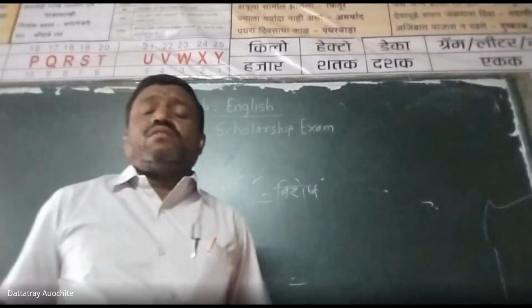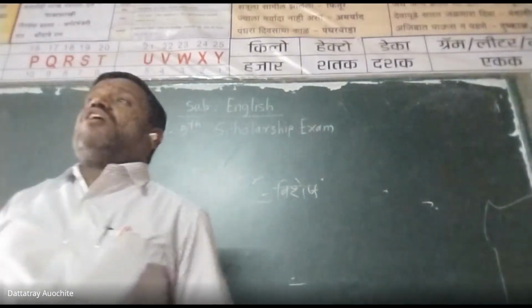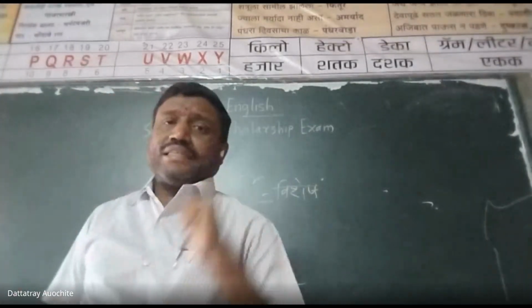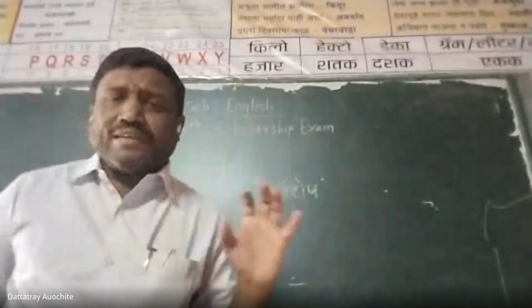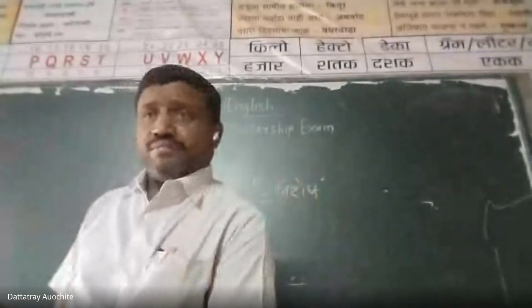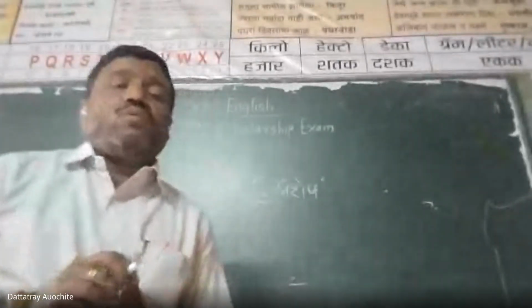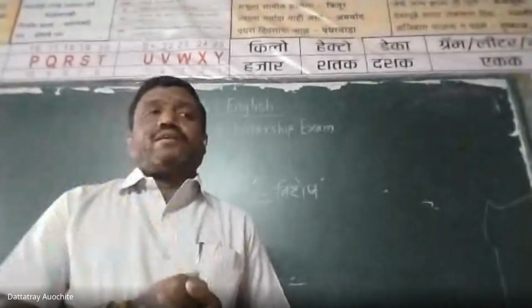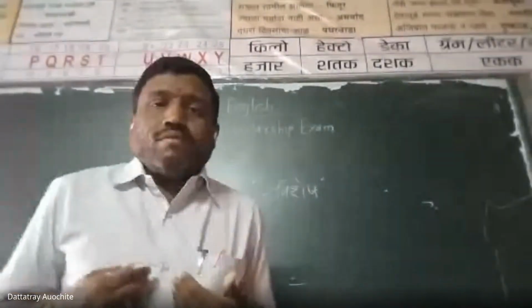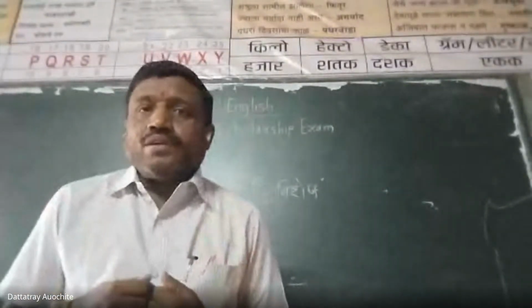So what is the definition? A proper noun is a noun of any place, person, or any specific thing, not a common thing. Such a proper noun should begin with a capital letter. Look at your name.